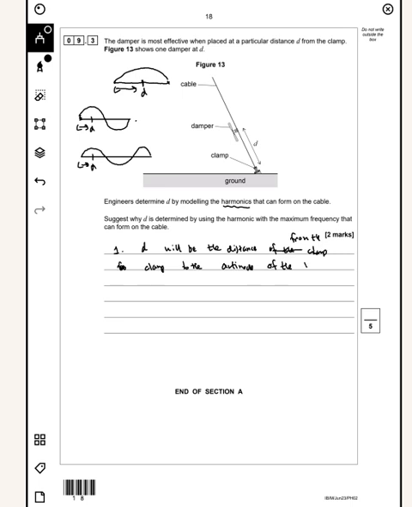Now, why use the maximum frequency? We are using the maximum frequency because it gives us the shortest distance.